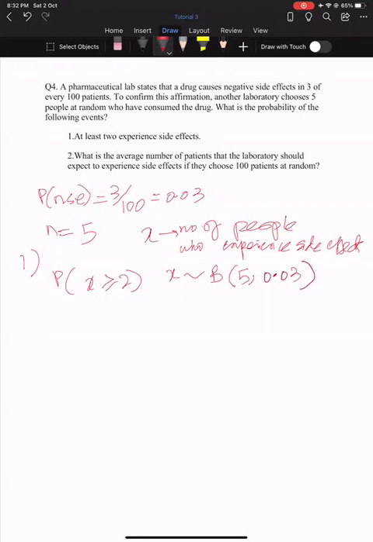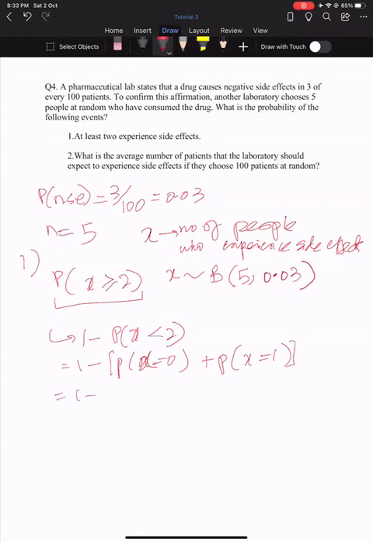So this can be written as 1 minus probability x is less than 2. So we get 1 minus probability, okay, either x is 0 or x is 1. For x is 0, out of the 5 people, none of them have negative side effects. So we get (1 minus 0.03), which is 0.97 to the power 5, plus 5c1.